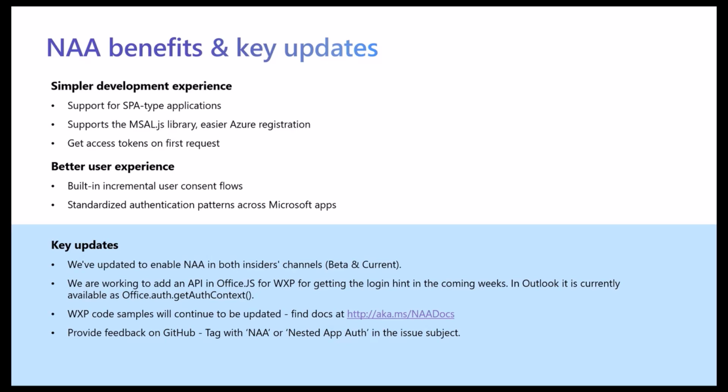You may find documents from this short URL, aka.ms/NAAdocs, where we will continue to add WXP code samples. And last but not least, when you run into any issues when you test this feature, please feel free to provide feedback in our GitHub repo. Make sure you tag with NAA or nested app auth in the subject of the issue.